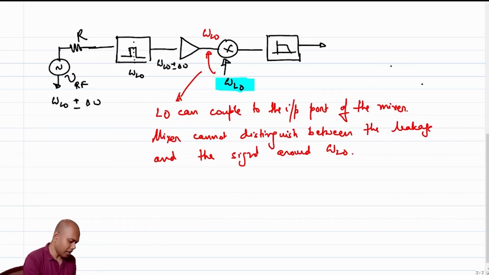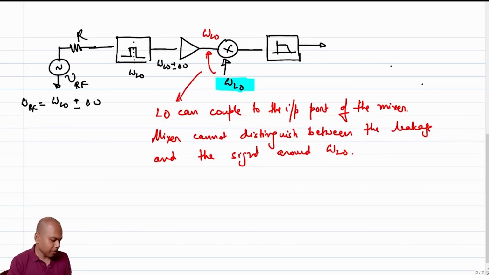So the omega RF that is coming in to the input of the mixer kind of gets jumbled up with the mixer's own input, and then you have a problem, right? There are many other problems associated with this particular architecture, but at this point in the course I think this is one of the easier ones that we can appreciate, right?